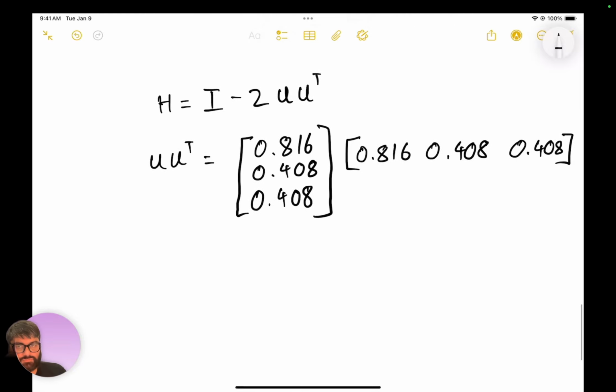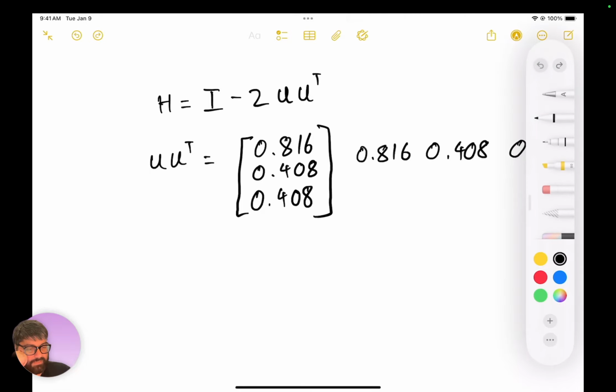The first row in our matrix is essentially multiplying 0.816 by 0.816. That'll be the first row, first element. First row, second element will be 0.816 times 0.408, and again, and again. Okay? So I'm actually just going to remove that line I did.